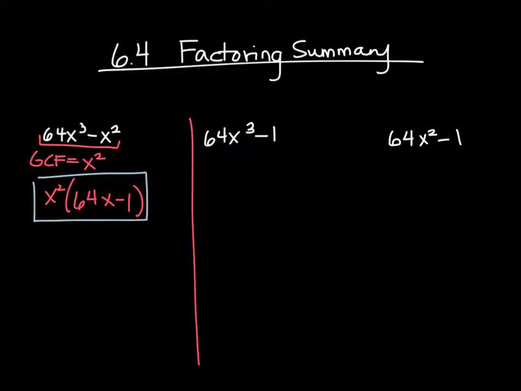On the second one, if I think about GCF, these don't have anything in common but 1, which means my problem is going to stay the same. The next thing I want to notice is that this is to the 3rd power, which to me means that I need to check to see, do I have perfect cube numbers? This is where you're going to use your calculator to find the cube root. The cube root of 64 is going to be 4.